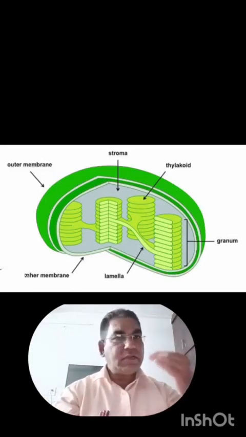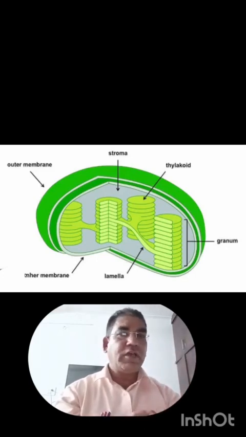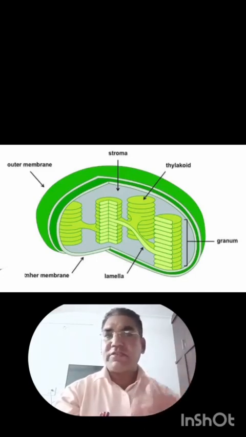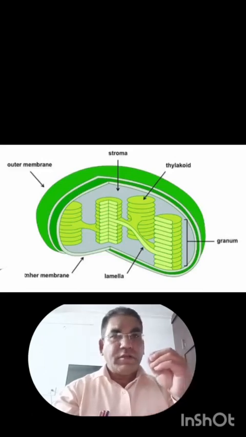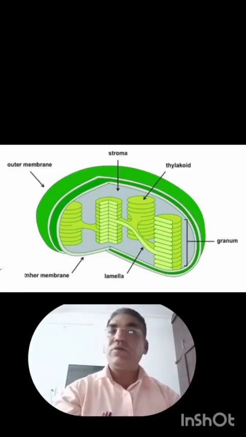Granum and stroma are the two internal structures. Along with these, DNA and ribosomes are also present in the plastid. So plastid is a semi-autonomous cell organelle.